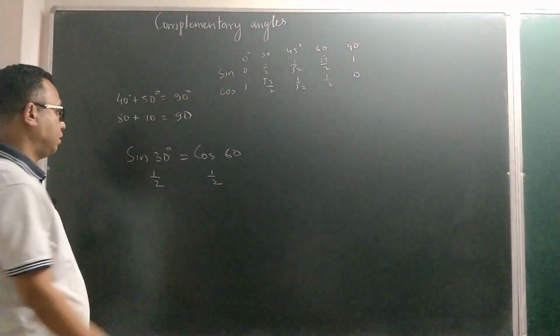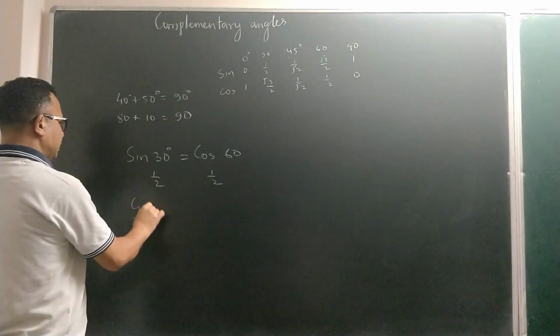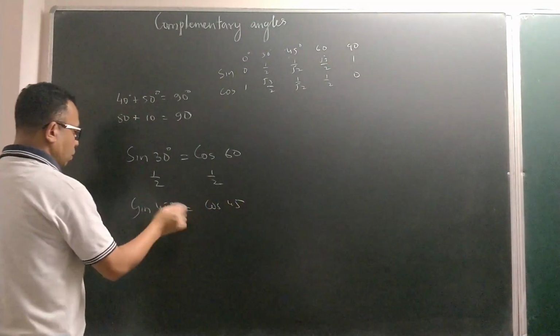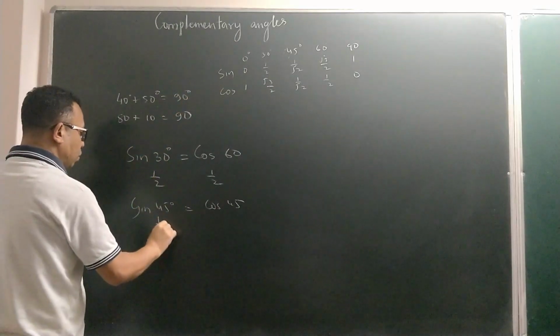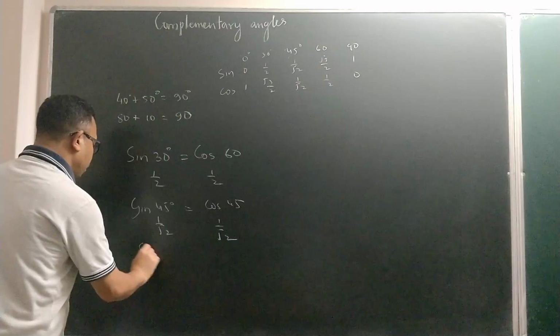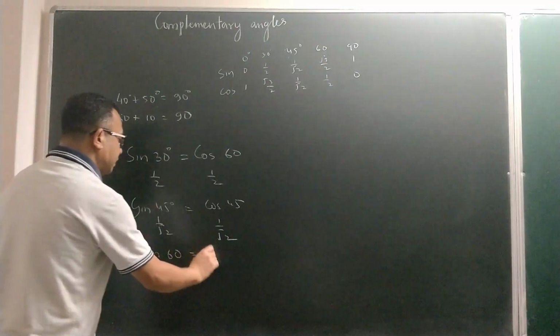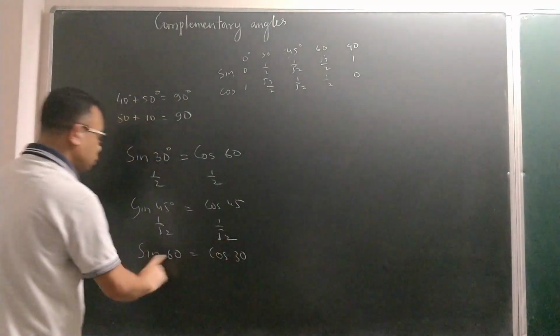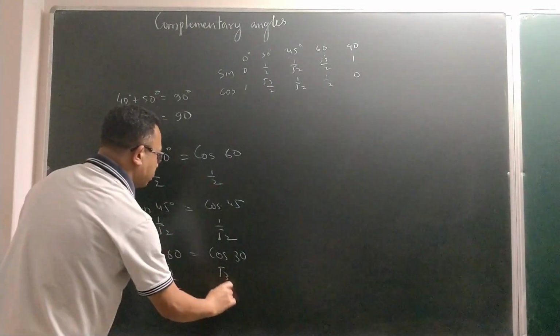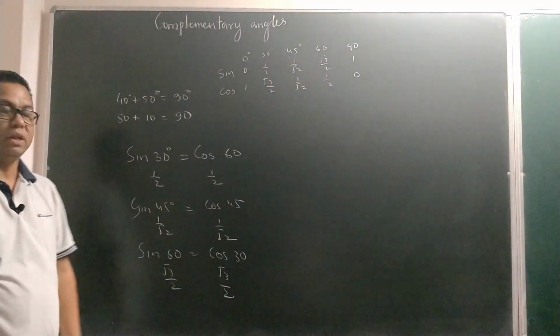Similarly, sine 45 degree is same as cos 45. So sine 45 is 1 by root 2 and cos 45 is also 1 by root 2. Similarly, sine 60 is same as cos 30. Sine 60 value is root 3 by 2, and cos 30 value is also root 3 by 2.